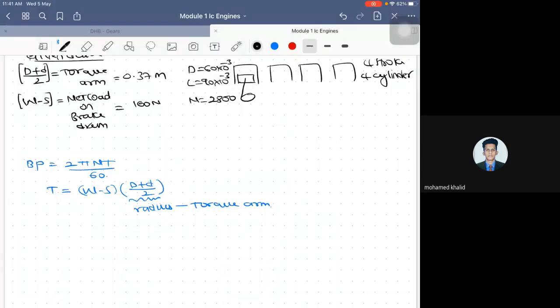So the fuel consumption he has given, the mass flow rate of fuel, how much is it? It is 8.966 liters per hour. Be careful about the units, he has given it in liters per hour. Specific gravity of the petrol he has given, so I would just write neatly: specific gravity of petrol.